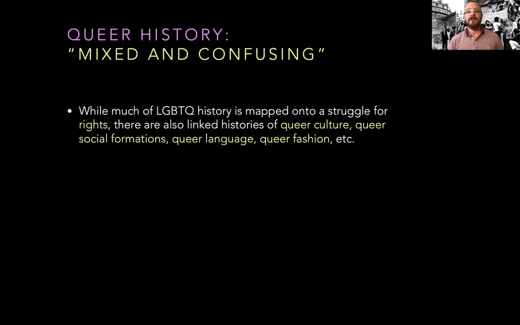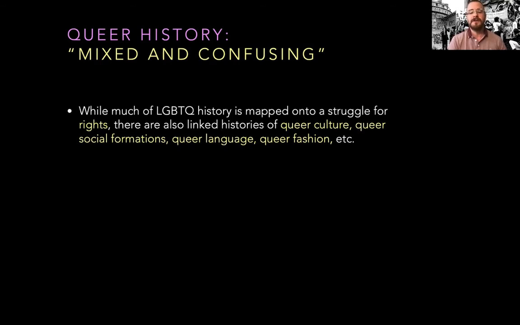While much of LGBTQ history is mapped onto a struggle for rights, which this Eckler timeline really does, there's a lot of focus on law and rights challenges. There are also histories like the history of queer culture. In this course, we're going to be looking a lot at major cultural formations that queer people have developed that are related to what's happening in politics and law at the time.